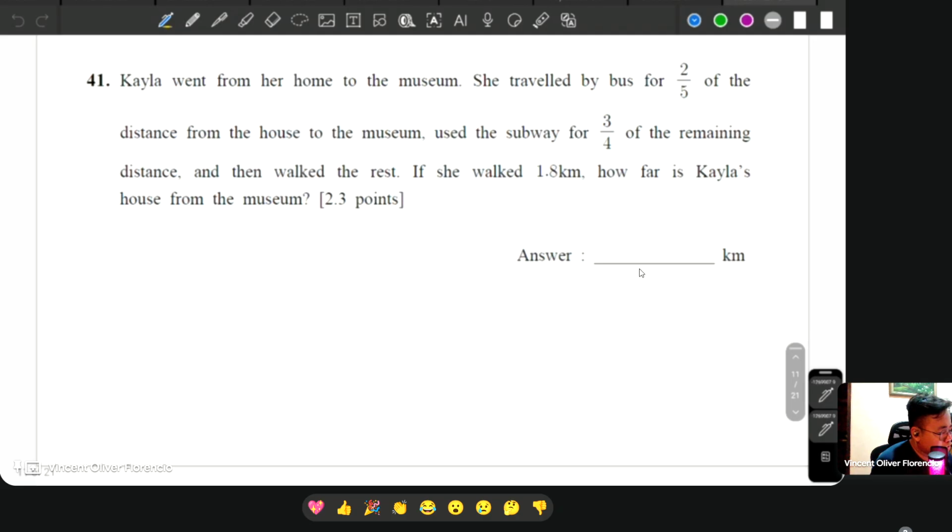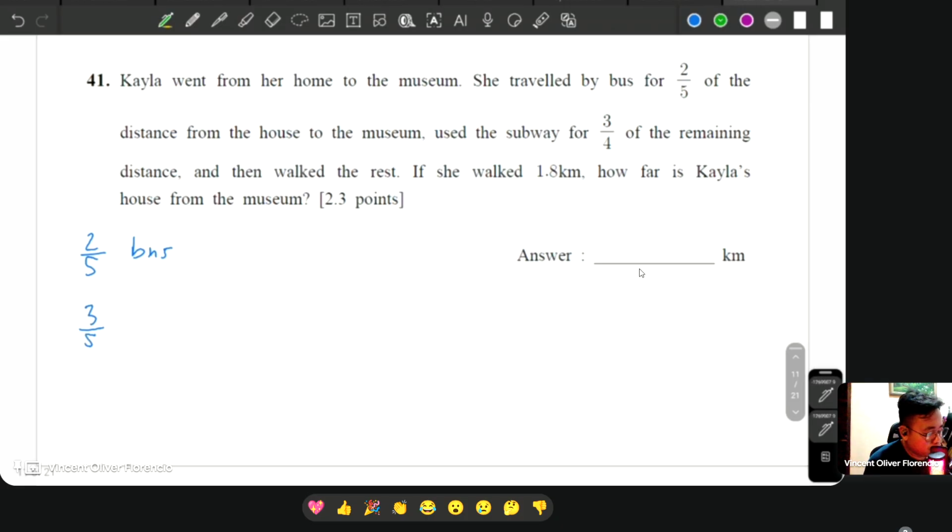So this one here, it mentioned that she rides the bus and also the subway. So for the bus, she rides 2/5 of the distance, right? That's for the bus. And if you have 2/5 already covered using the bus, it means to say you have a remaining of 3/5.